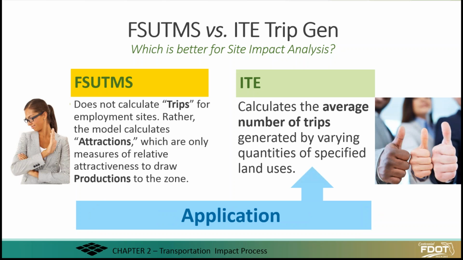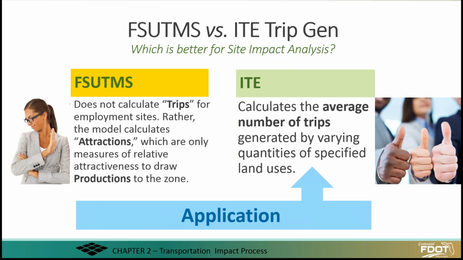It's this difference between the generality of the FSUTMS model and the specificity of the ITE model which distinguishes them from one another, such that the ITE will calculate the average number of trips generated by very specific land uses, whereas FSUTMS models calculate what are known as productions and attractions to very general levels on very generalized land uses, which may at times not have much of a bearing on the specific use you are trying to measure.